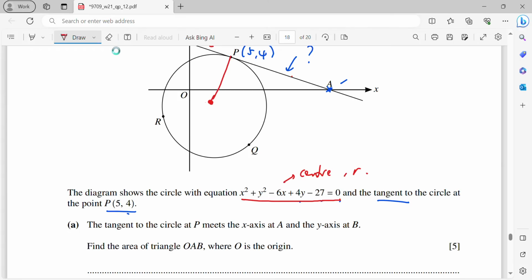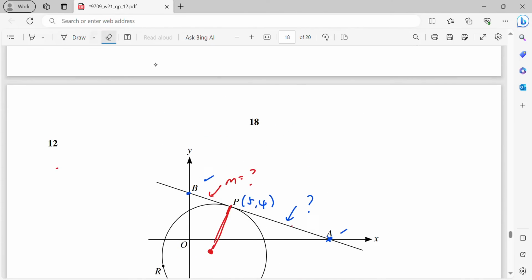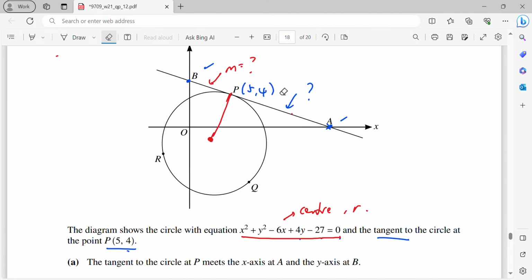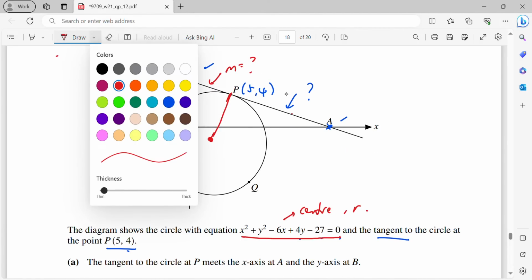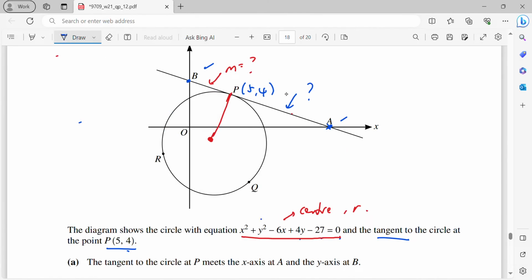Okay, so now I have to change my equation of circle into general form, which is x minus a squared plus y minus b squared equals r squared. This can be done by completing the square.